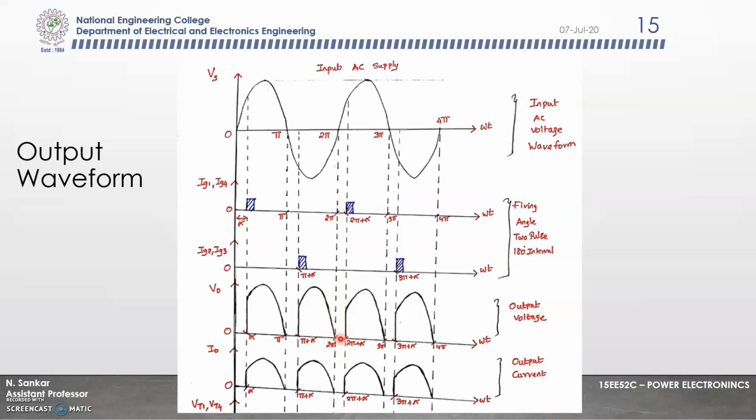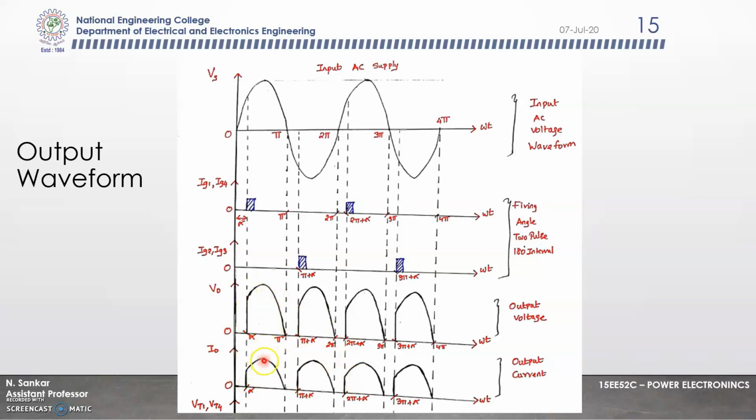Since we have a resistive load, our current also follows the voltage waveform. For a resistive load, both voltage and current are in phase. That's why, if you see the voltage waveform and current waveform, both are in phase.